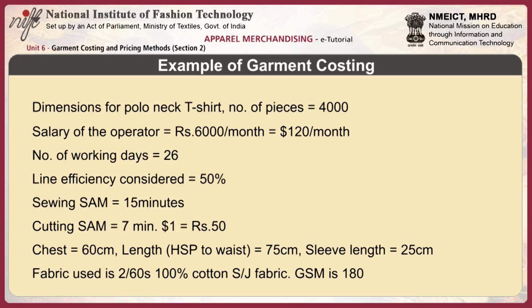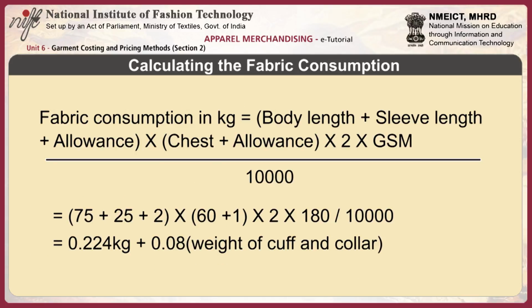So fabric used is 2x60s, 100% cotton SJ fabric. So GSM is 180. So the fabric consumption in kgs is given by body length plus sleeve length plus allowance multiplied by chest plus allowance multiplied by 2 multiplied by GSM upon 10,000.